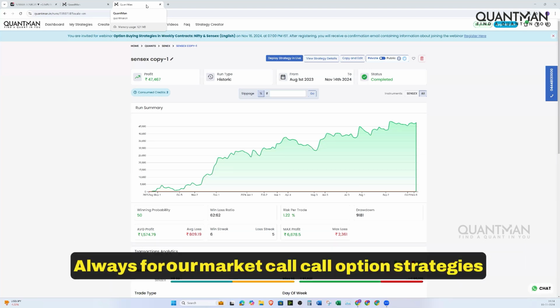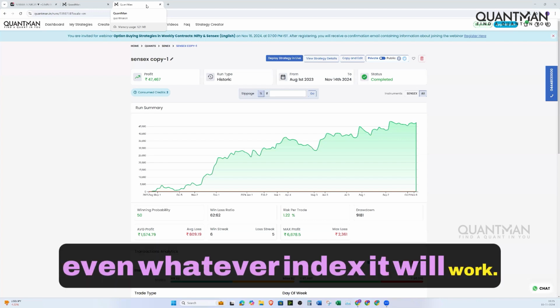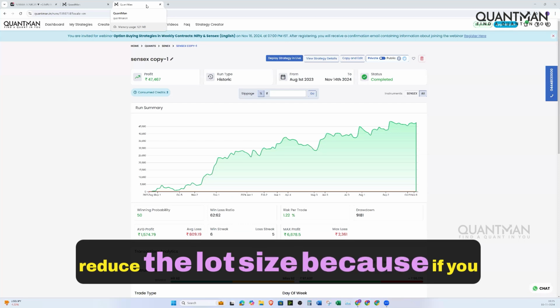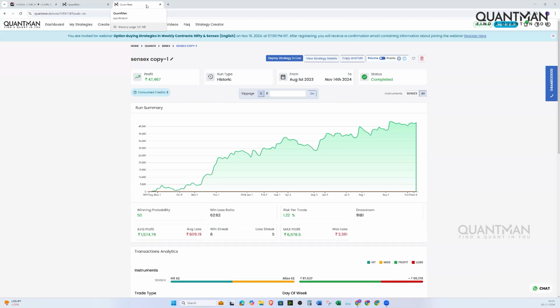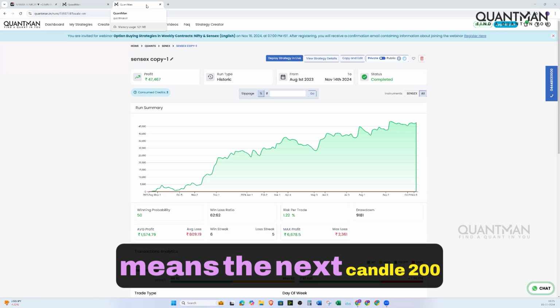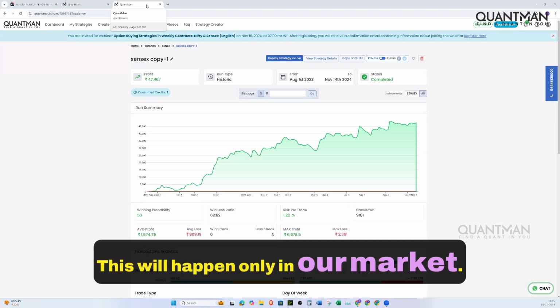Always for our market, call option strategies will work, whatever the index. For put option strategy, you need to reduce the lot size because we can see if 200 points in a single candle down, the next candle is 200 points up. This will happen only in our market.